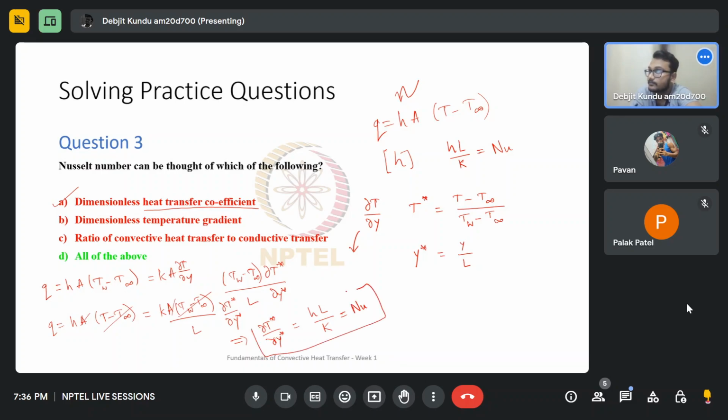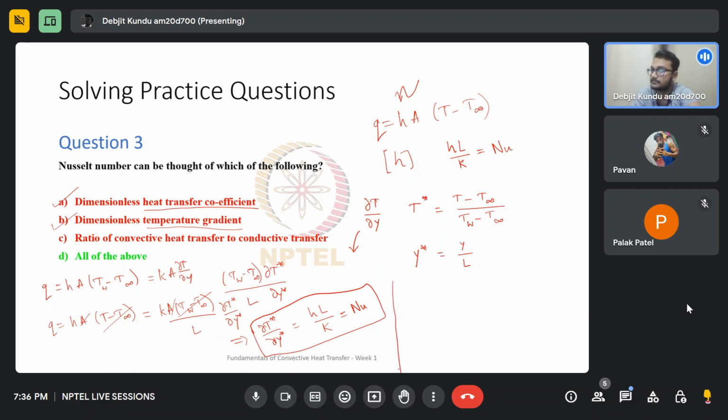So the dimensionless temperature gradient is also mathematically equal to the Nusselt number. So a Nusselt number can be thought of as the dimensionless temperature gradient as well.